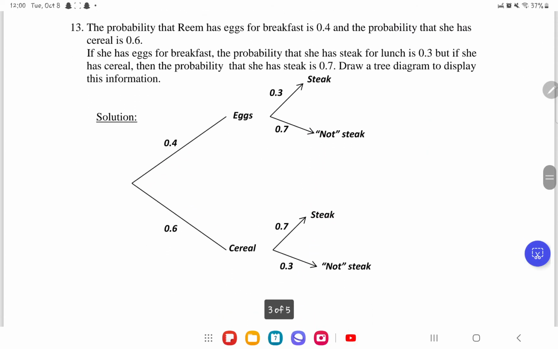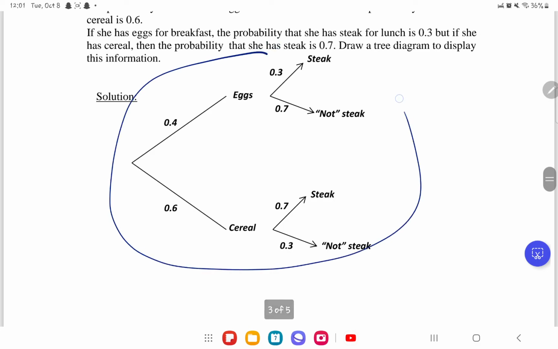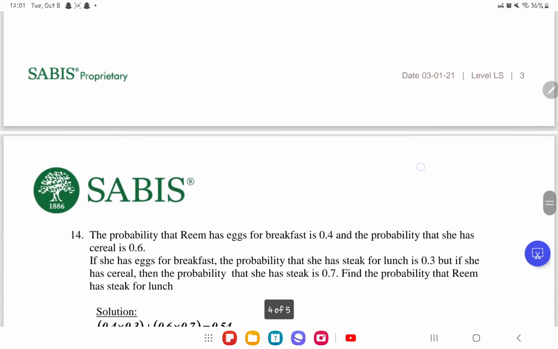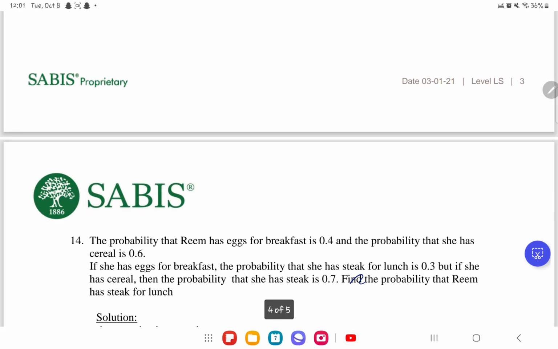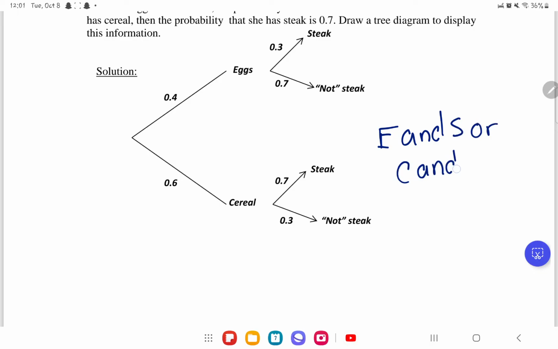Now, the probability that Tareem has eggs for breakfast is 0.4, and the probability she has cereal is 0.6. So this is our tree diagram. They're telling us, if we go down, find the probability that Tareem has steak for lunch. She can have either eggs for breakfast and then steak, or she can have cereal and then steak.